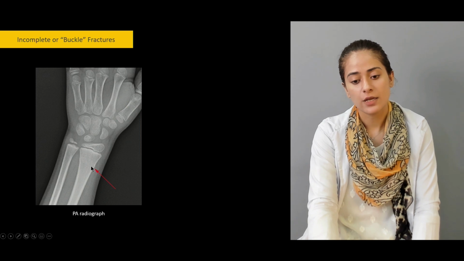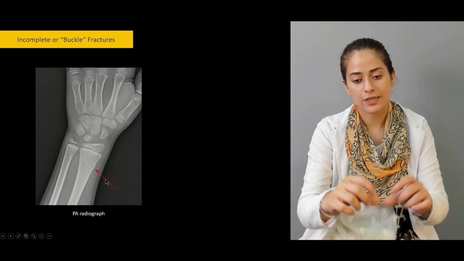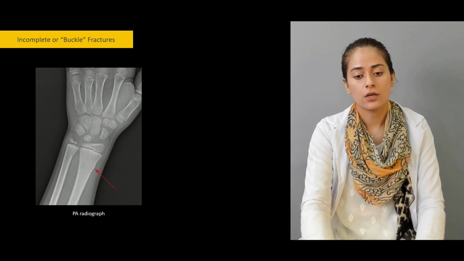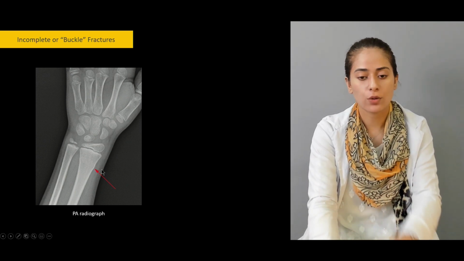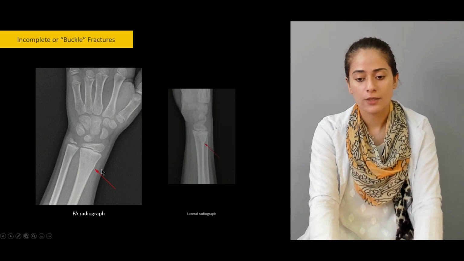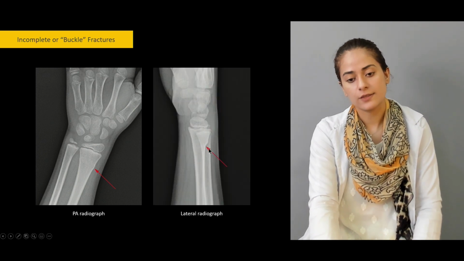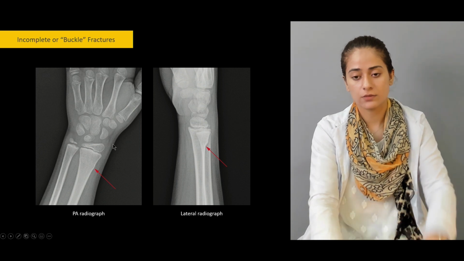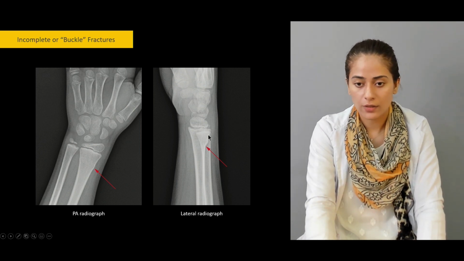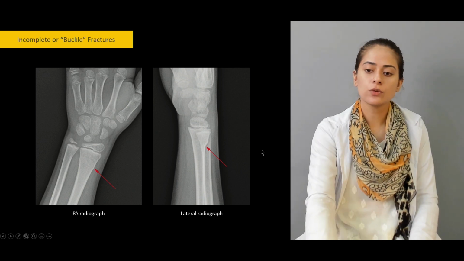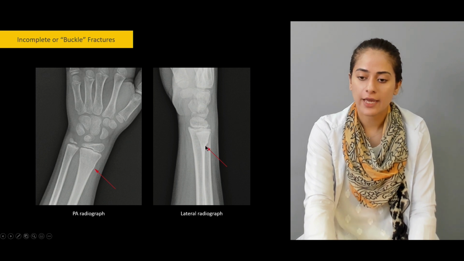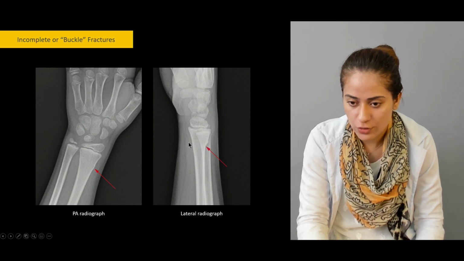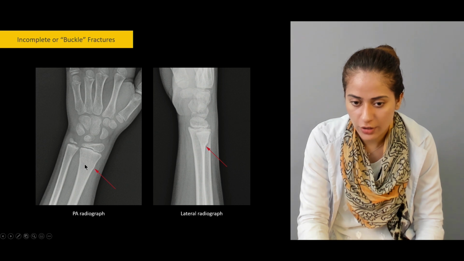There is a protrusion in the fracture area or the area that is involved. Again, this was a PA view, and this is a lateral view. So in a lateral view, we can see again the protrusion or the bend here, and the fracture is actually not visible here, but is actually visible here.